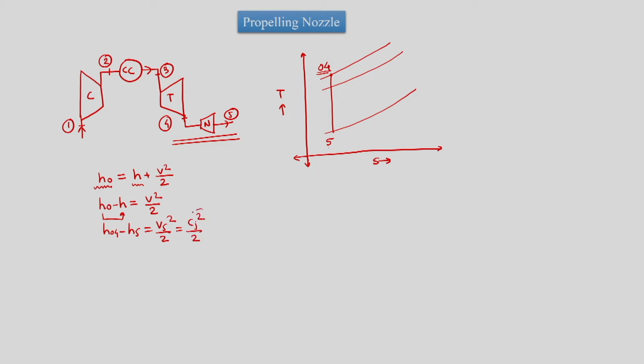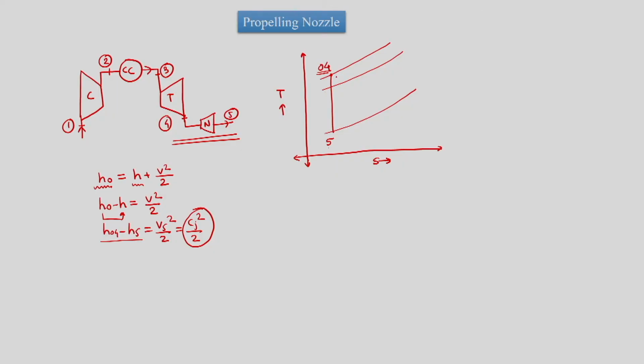So we are interested in finding the jet velocity. So we are putting this process from stagnation condition to static condition only, unlike the case of compressor or turbine, where we have all the graphs between total to total condition, or stagnation to stagnation condition.